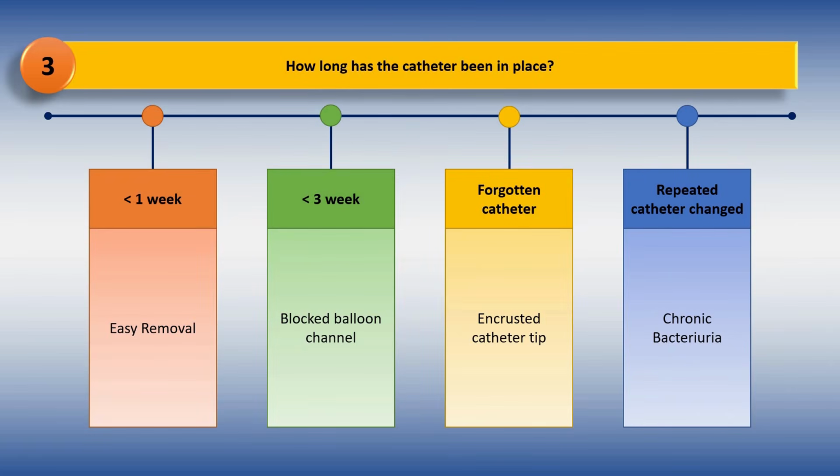The fourth reason may be that there is a patient who is coming to you for a catheter change. He has been on a catheter for, let's say, 6 months or 2 years, 3 years. He visits you to get the catheter removed and after some time get the catheter reinserted. Now, when you are removing the catheter in such a situation, please be aware that these patients have chronic bacteriuria.